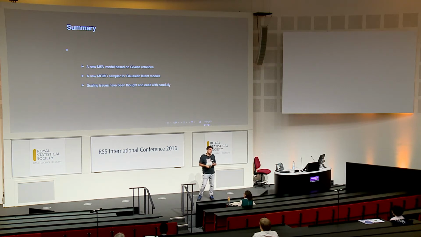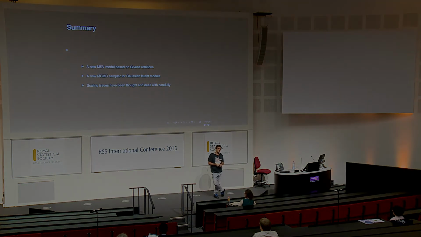And I think we were extremely careful on how to deal with computational complexity, so the model is not used for something which is not applicable in finance, but it can be applied to many stocks. Thank you very much.